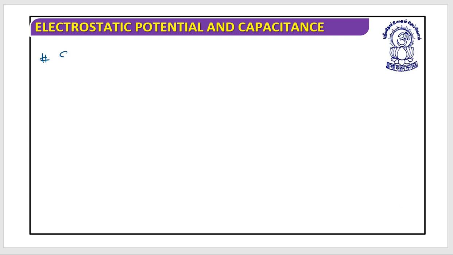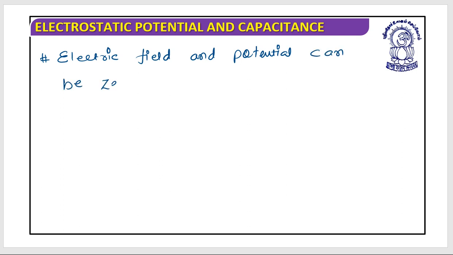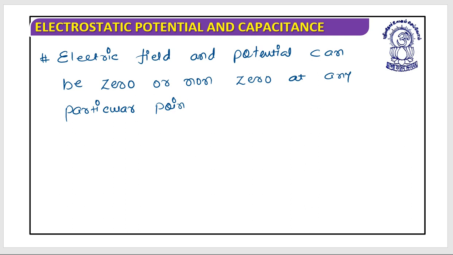Electric field and potential can be zero or non-zero at any particular point P.